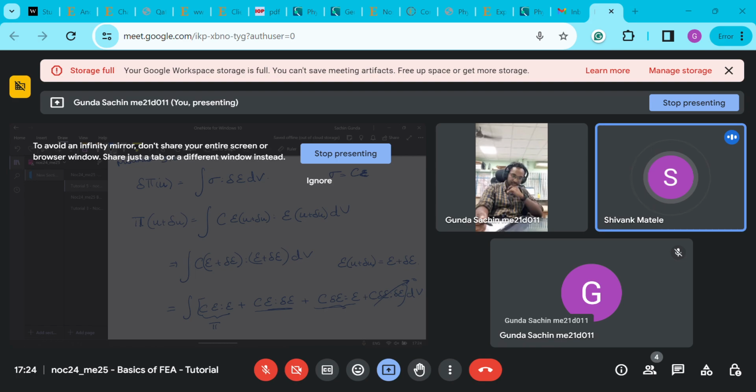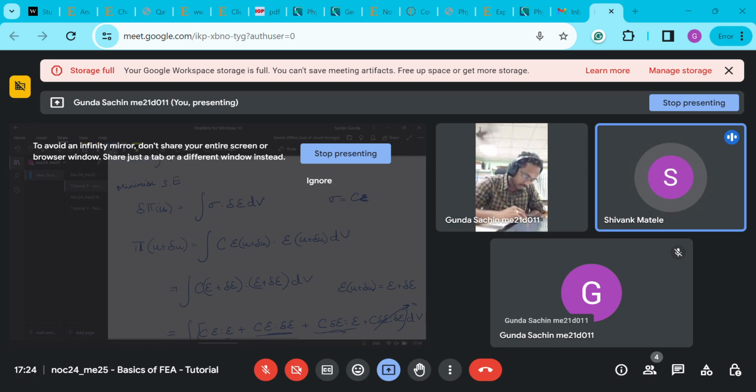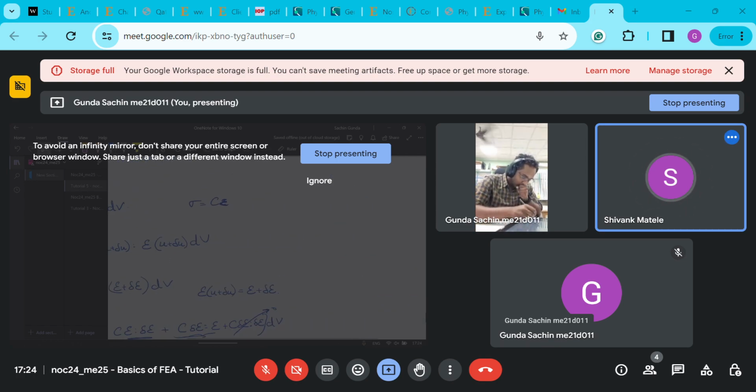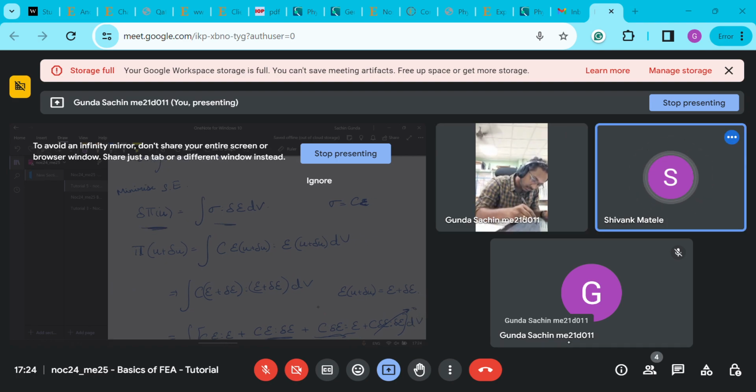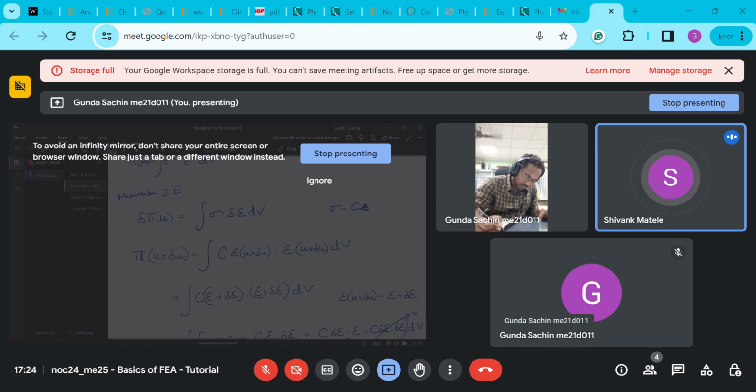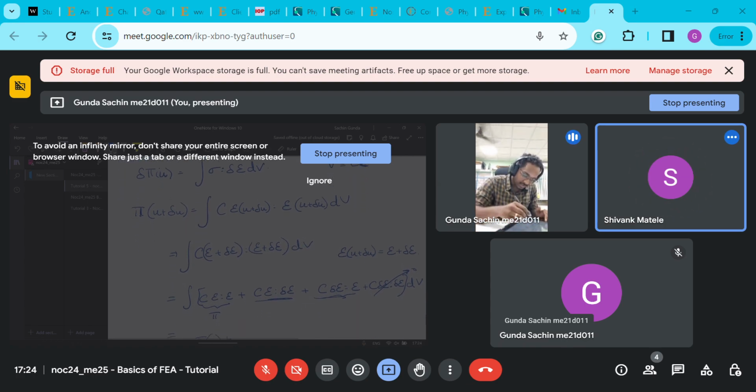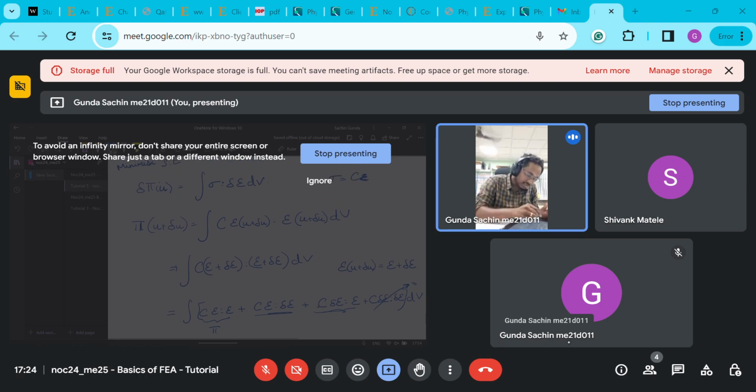Actually, it's supposed to be written in terms of u because u is the input, but still we write it in terms of strain. In the very first equation, del pi of u is equal to sigma dot here, right? In that, this del is directly applied to epsilon.